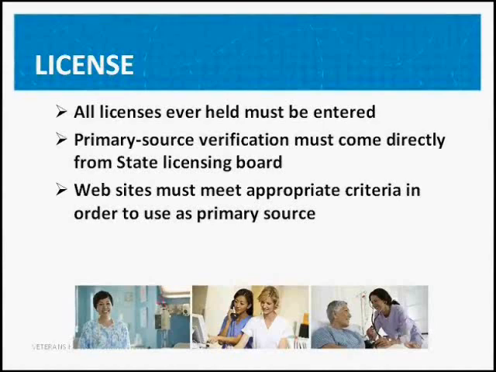When using an internet source for verification, the website disclaimer needs to be reviewed to determine the organization's attestation to the accuracy and timeliness of the information. If there is no disclaimer, then it should not be considered primary source verification. You can check the credentialing policy for guidance on the use of website verifications.